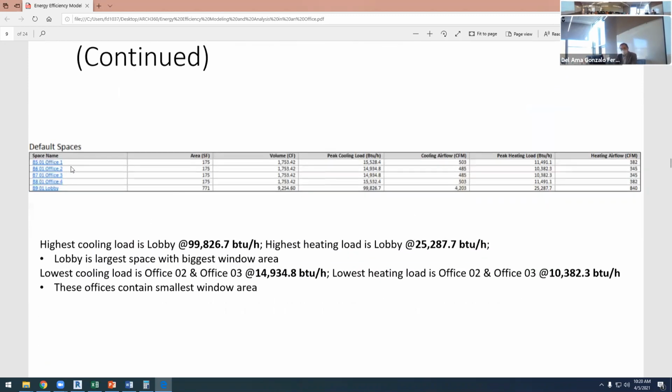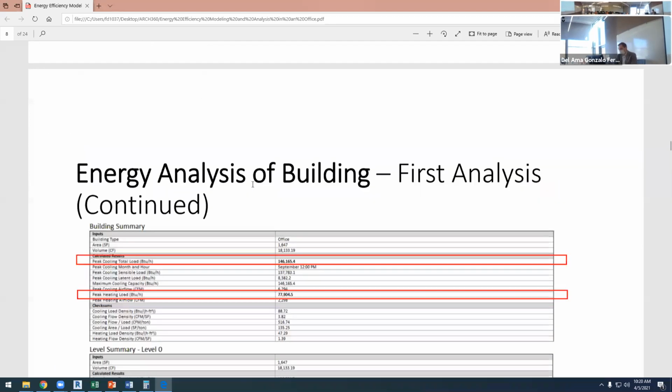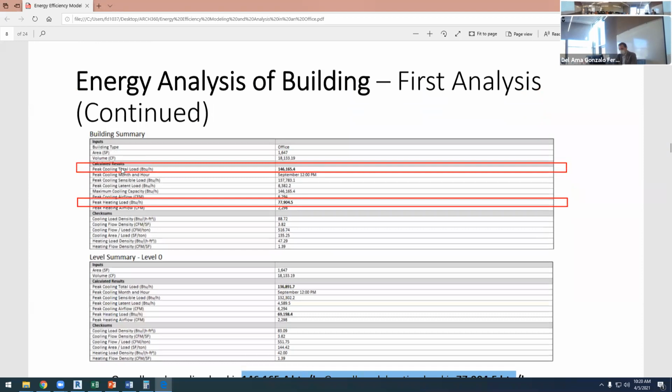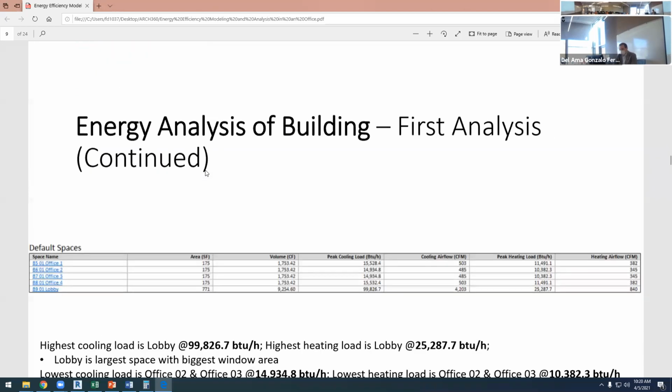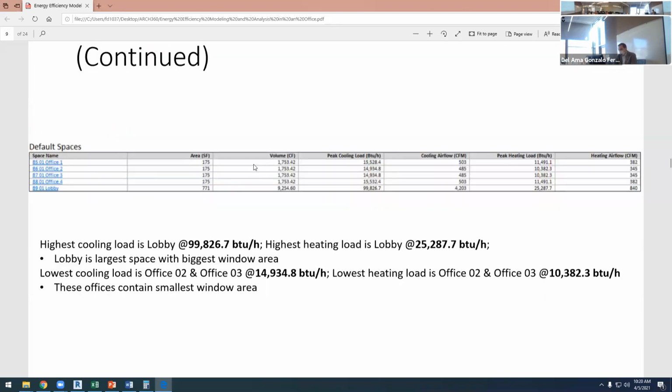And you included the spaces now. Yeah, I went in after and made some changes. Okay. I want to see this because I want to see the overall analysis of the building with the total cooling and heating load, but I need this chart as well, looking at the area. The lobby should be always the biggest figure, because the lobby is the biggest space.